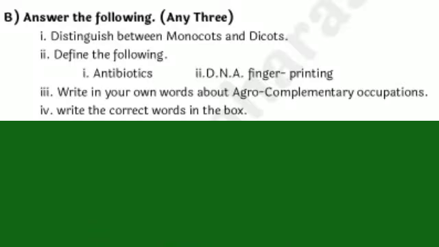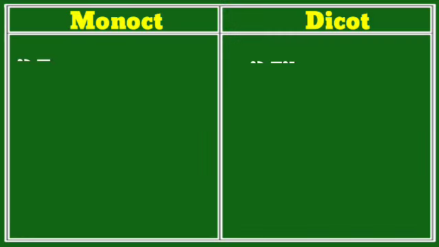So let us go to the next question B. Answer the following. They have given us 4 questions of which we have to solve any 3. First question is, distinguish between monocots and dicots. So let us see the answer.